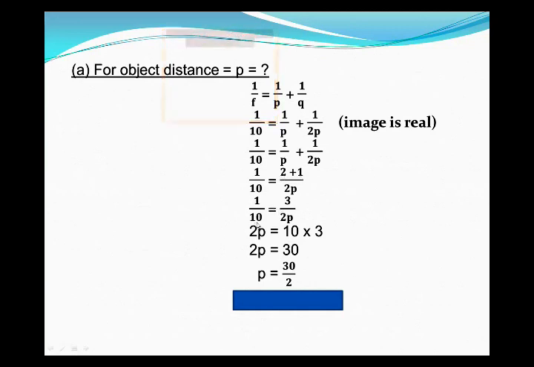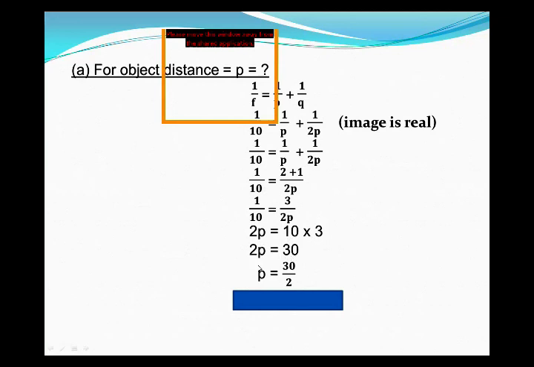So 1 upon 10 is equal to 3 upon 2p. After that, we cross multiply. 2p times 1 is 2p, and 10 multiplied by 3, 10 threes are 30.